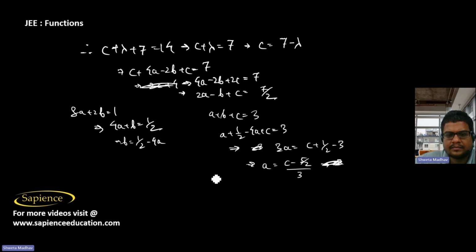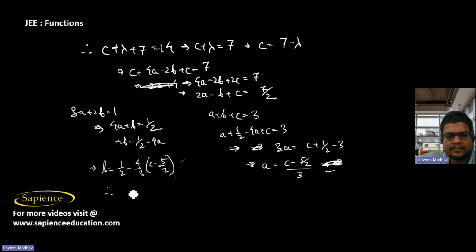Now b will be equal to half minus 4 by 3 into c minus 5 by 2. So a and b are in terms of c.